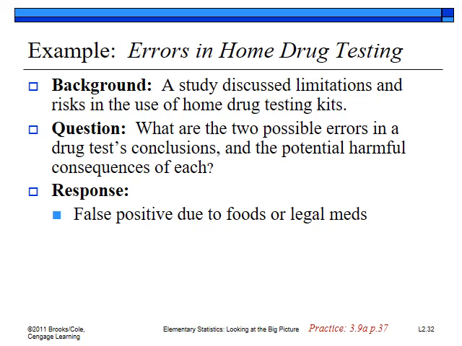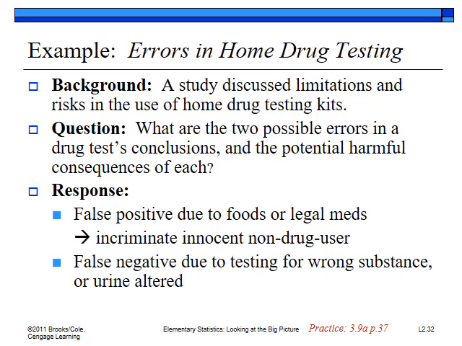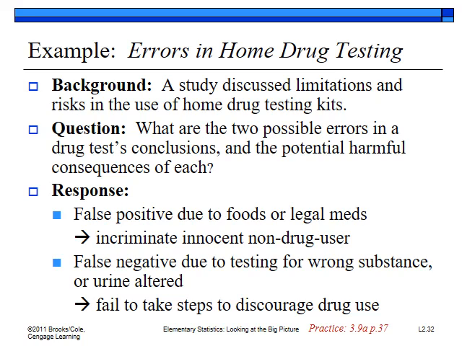The false positive, which could be due to foods or other medications, would result in an innocent person being incriminated. Whereas a false negative results in someone who is a drug user maybe not getting the help they need.